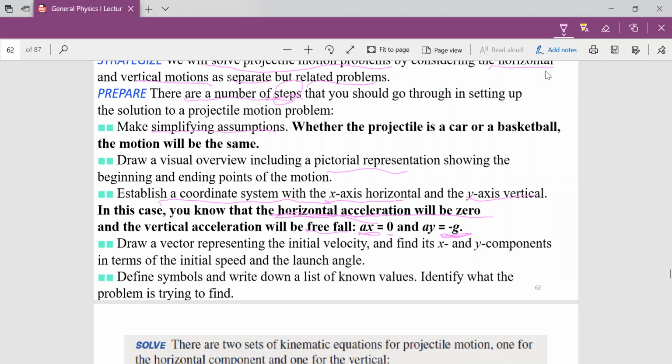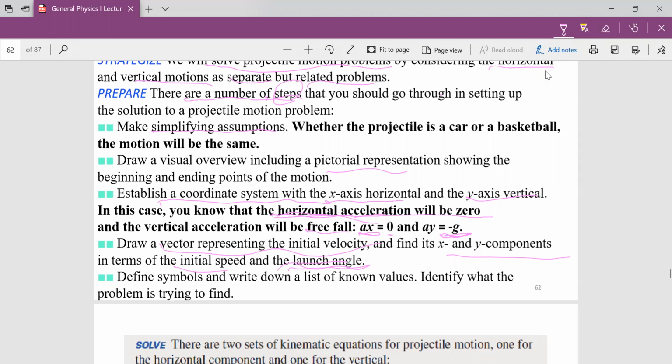So the g, which describes the magnitude, has a negative sign in front to emphasize that the motion is pointing downwards. So we do a vector representation using the components in terms of speed and also the angle of launch. This is very important because when it's given, you can use the angle of launch to know the values for the X and the Y parts of the velocity vector.